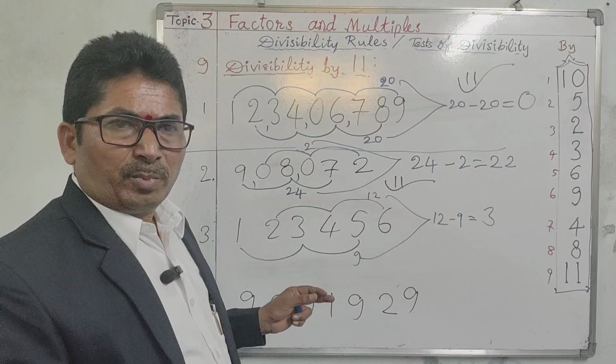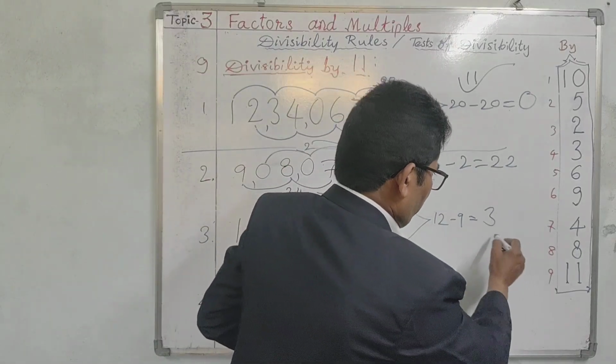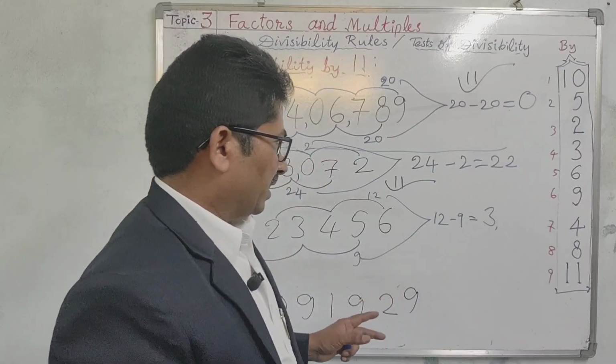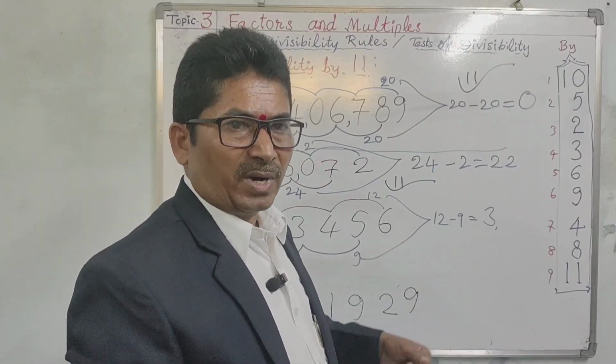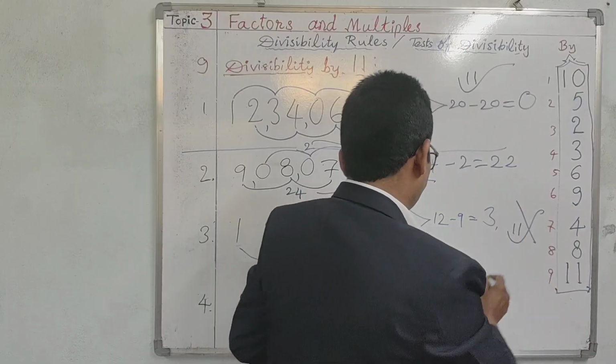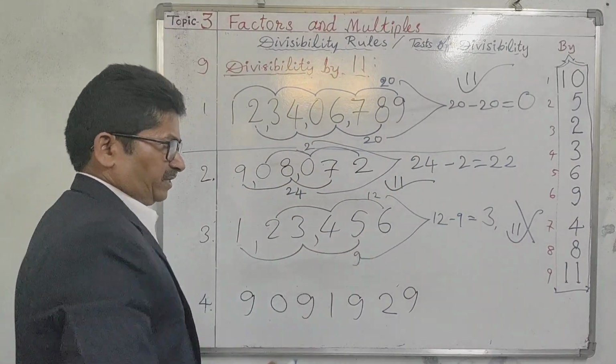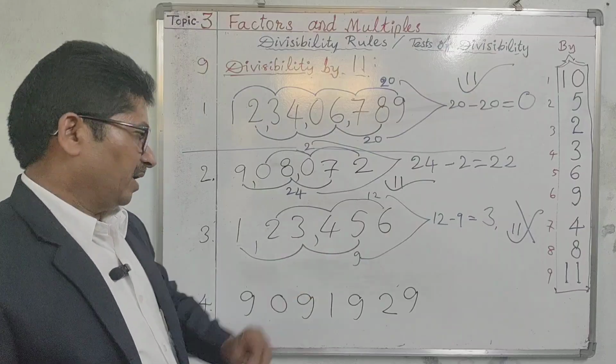So is this divisible by 11? No. We aren't getting 0 or a multiple of 11. That's why this is not divisible by 11. This number, 1,23,456, is not exactly divisible by 11.